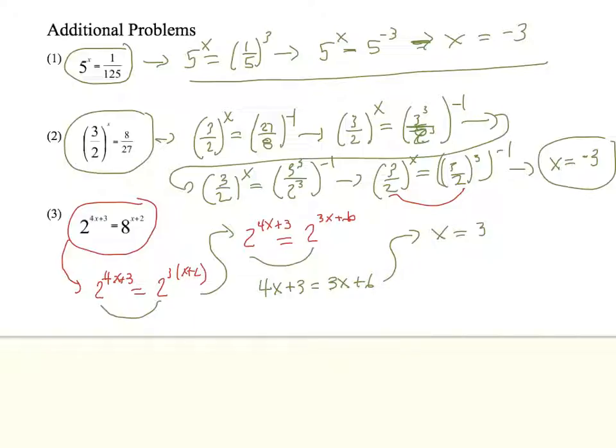Because I subtract 3 from both sides, and that looks like the answer. And we can check it out, but I believe that works, right? Yeah, so 2 to the 15 is equal to 2 to the 15. So these all check out, right?